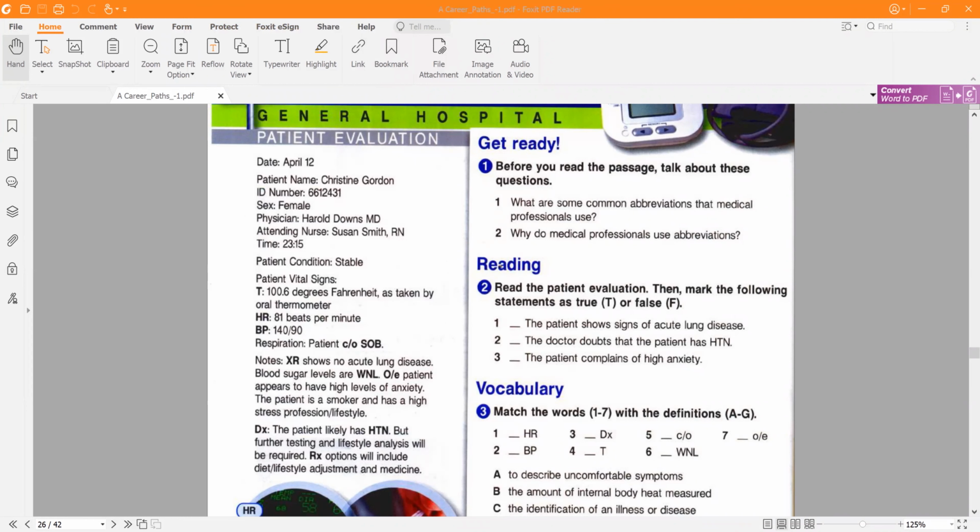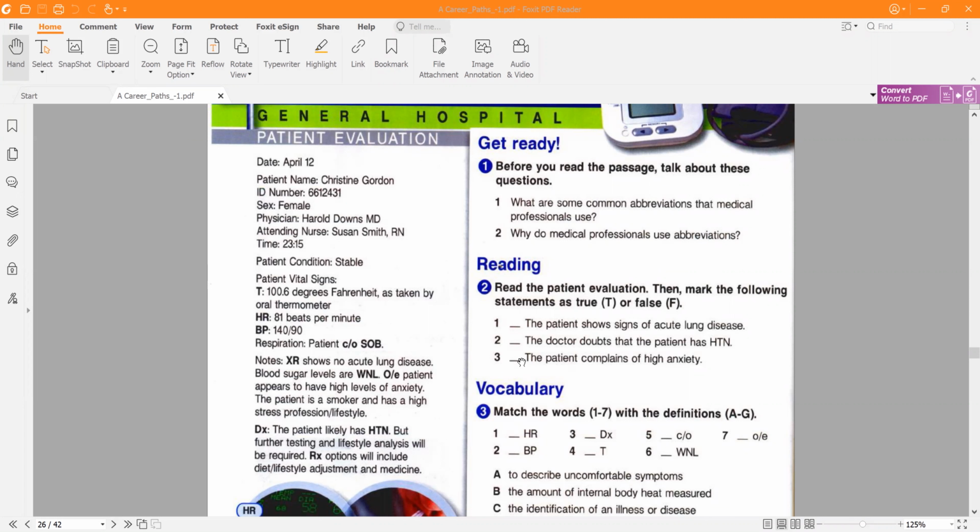Unit 11, Common Abbreviations. Exercise 5, page 25. Scottsville General Hospital. Patient evaluation. Date, April 12th. Patient name, Christine Gordon. ID number, 6612431. Sex, female. Physician, Harold Downs, MD. Attending nurse, Susan Smith, RN. Time, 23:15. Patient condition, stable. Patient vital signs. T, 100.6 degrees Fahrenheit, as taken by oral thermometer.